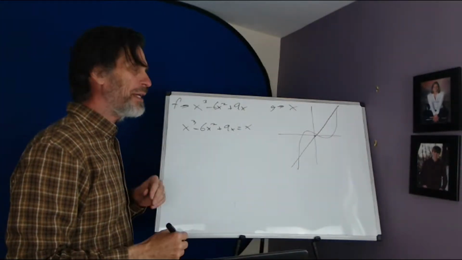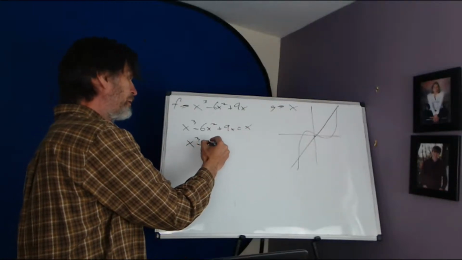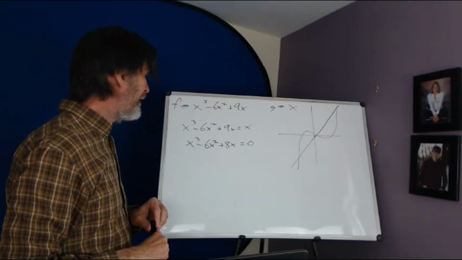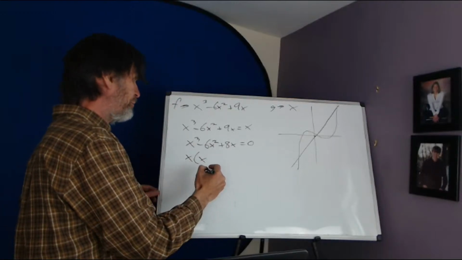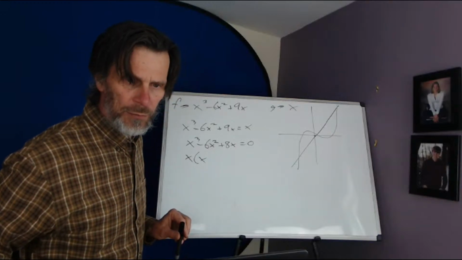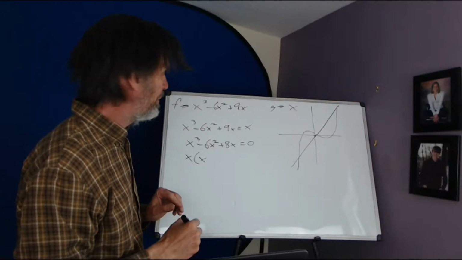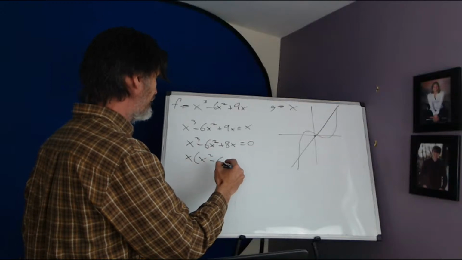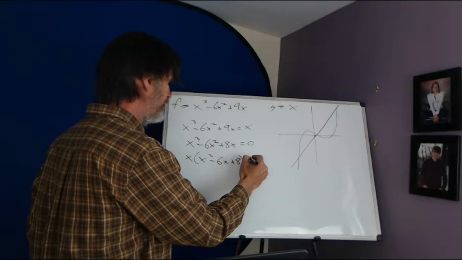Polynomial equations are usually best solved by setting them equal to 0, so I'll subtract an x from both sides. And then I'm going to try to factor that one, because really that's about my only hope on this one. Factor out an x, I'm left with x squared minus 6x plus 8.